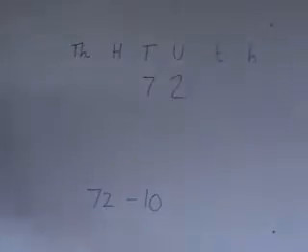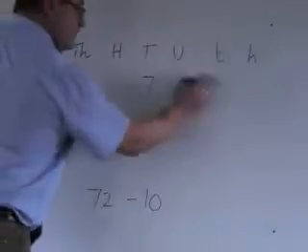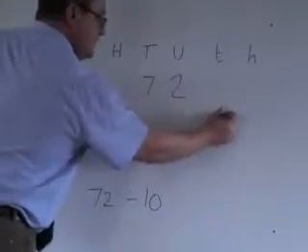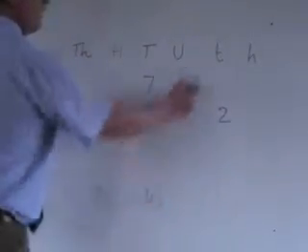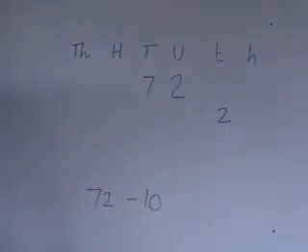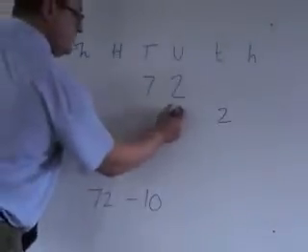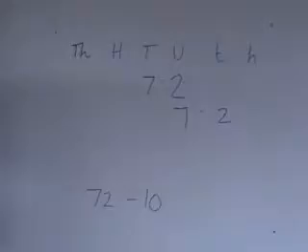On this occasion, because we are dividing by 10, they will move only 1 column to the right. Starting with the 2, it moves from the units column into the tenths column. The point does not move, it remains fixed where it is. The 7 moves from the tens column into the units column, giving us the answer of 7.2.